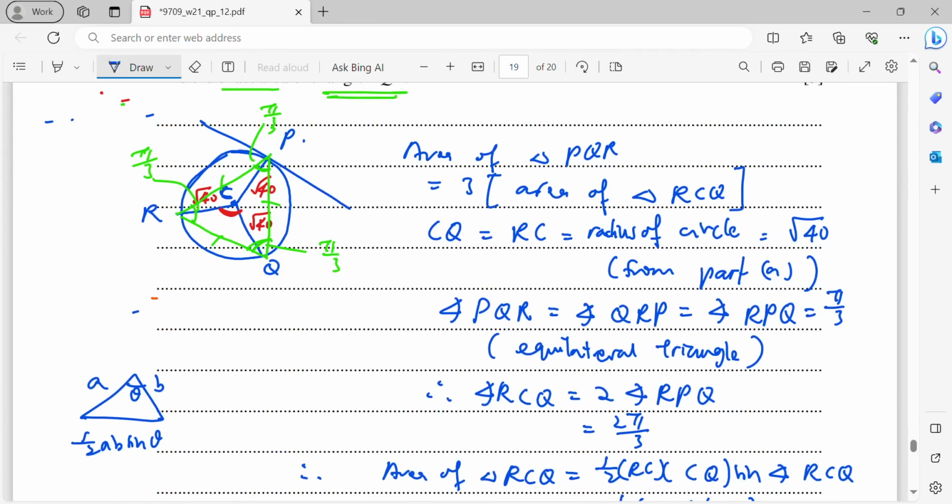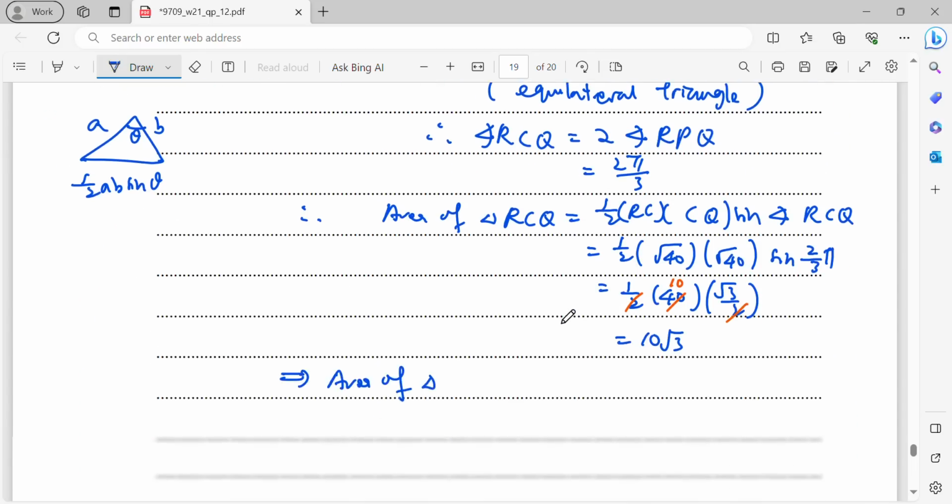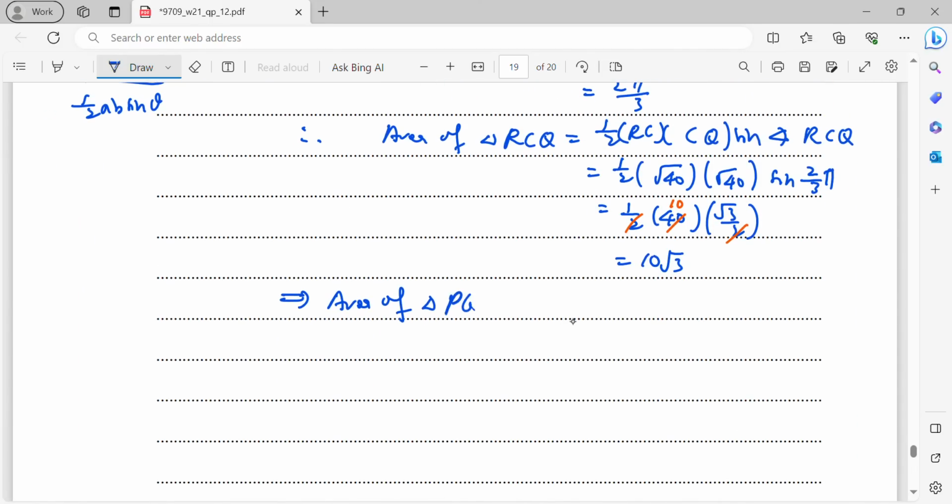So now it's mentioned the area of the triangle. So at last, area of triangle PQR is 3 times the previous area. Therefore, you are getting 30 square root 3.